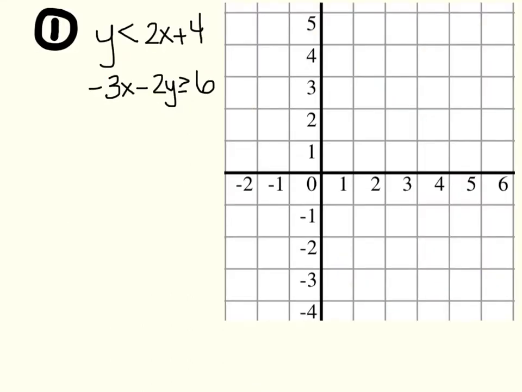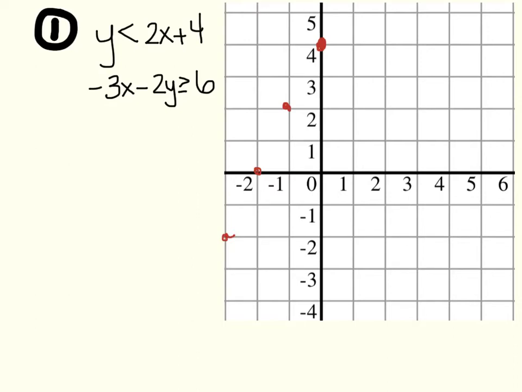Example number 1 on page 272. I'm going to graph the first one in red, so that's already in slope-intercept form. y is less than 2x plus 4. So 1, 2, 3, 4. Up 2 over 1. I'm out of room here, so I'm going to go down 2 over 1. It's still going to be positive.